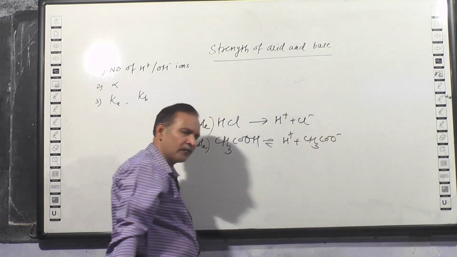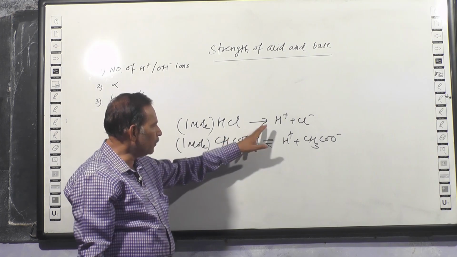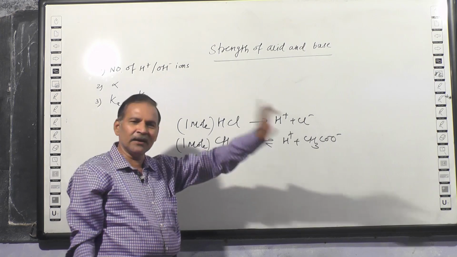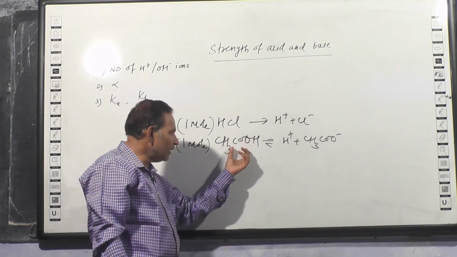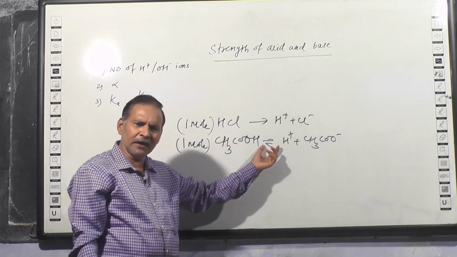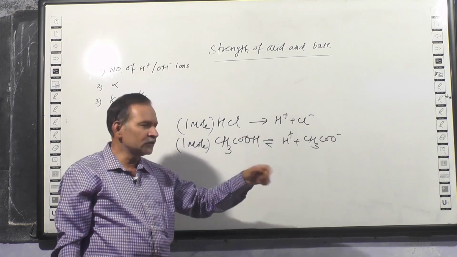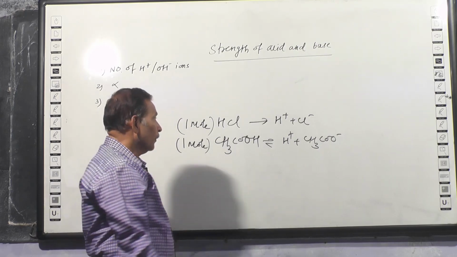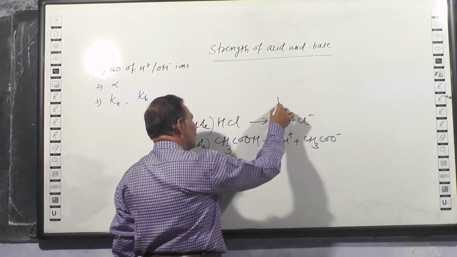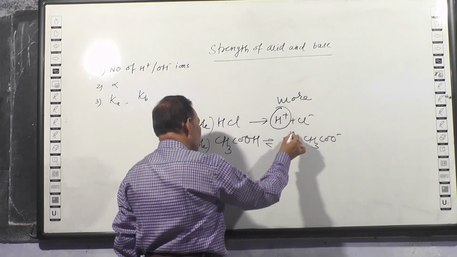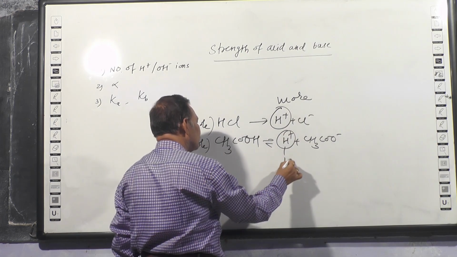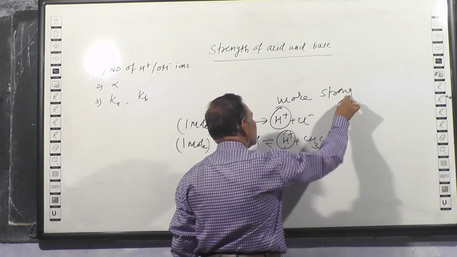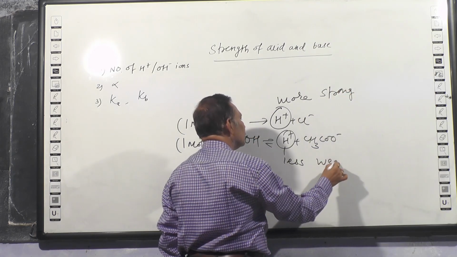The point is clear from the writings. Being a strong electrolyte, it is almost completely dissociated, so we are showing it by a single arrow. And this being a weak electrolyte, we are showing it by double half-headed arrows pointing in opposite directions, indicating the reaction is reversible. So here the number of H plus ions is more, here the number of H plus ions is less. And therefore this is a strong acid and this is a weak acid.